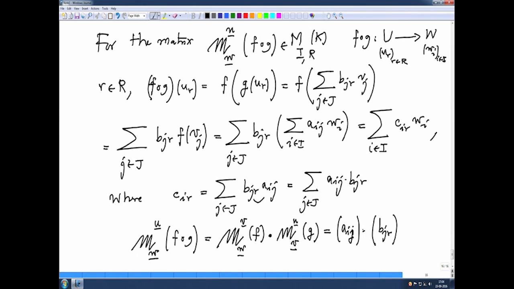The definition of the product of two matrices I want to define by this formula. First of all, we require that the column index of the first matrix should be the same as the row index of the second matrix, and then we multiply each row with the column, multiply the entries and sum it up, and that will be called the IRth entry of the new matrix.